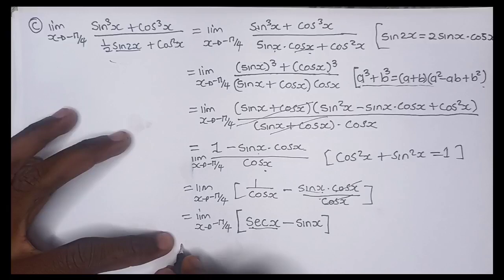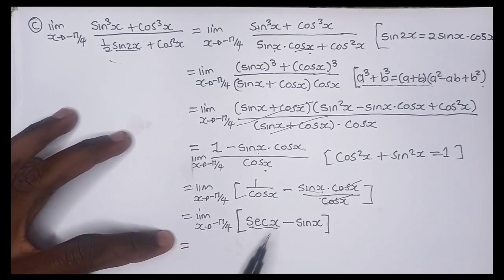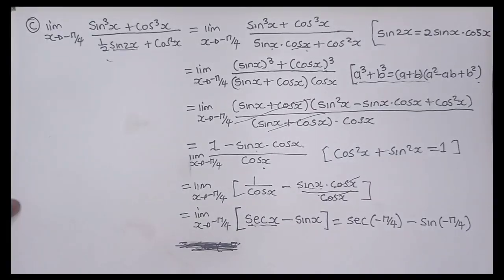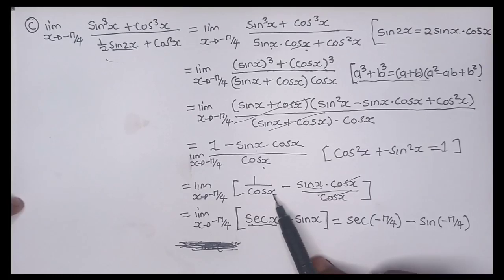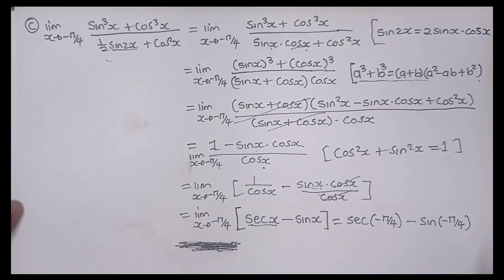And I'm done. It's a matter of direct substitution. Where I see x, I just put negative pi over 4. So I'm having sec of negative pi over 4, which is the same as 1 over cos of negative pi over 4.